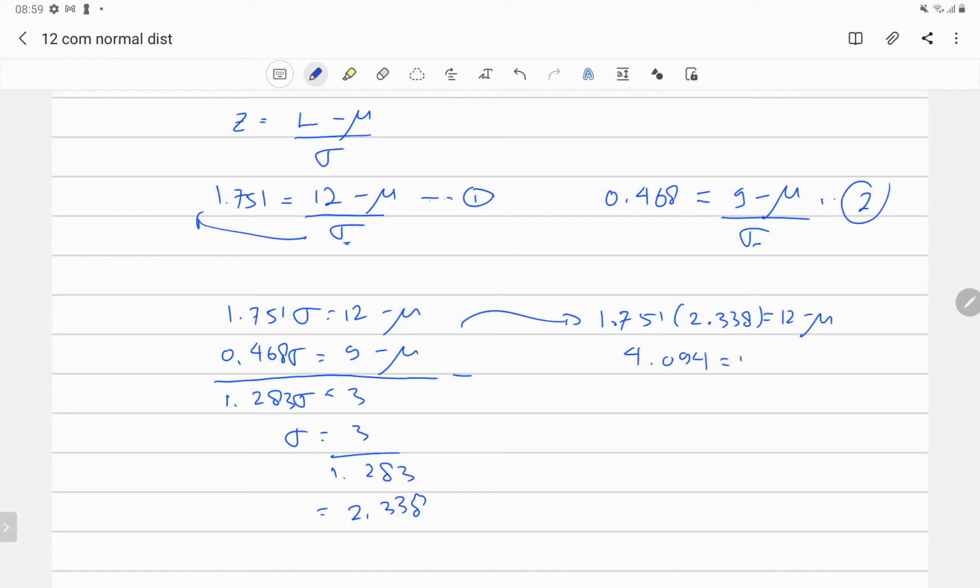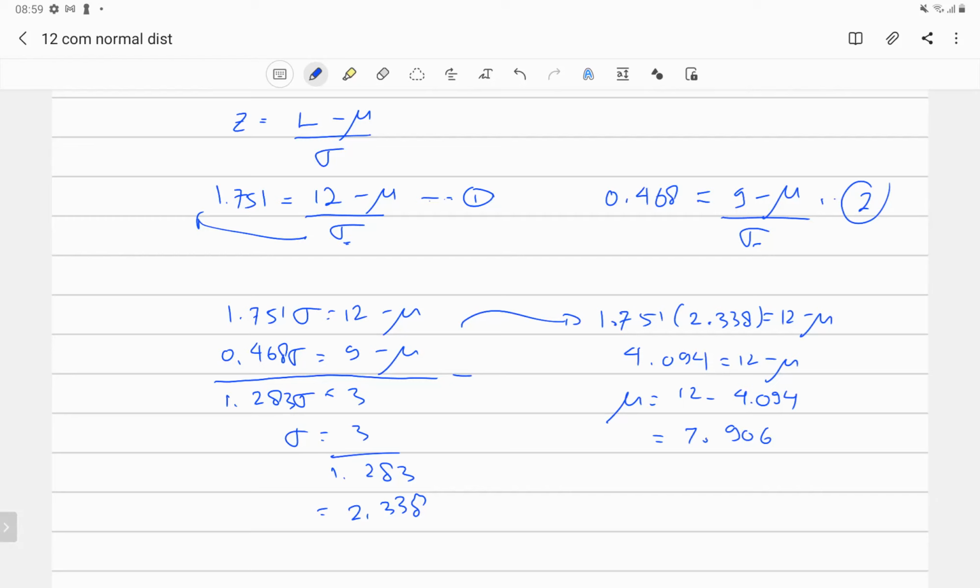4.094 is 12 minus mu. So mu is 12 minus 4.094. That's going to be 7.906. And that's it. That's how we have them here.